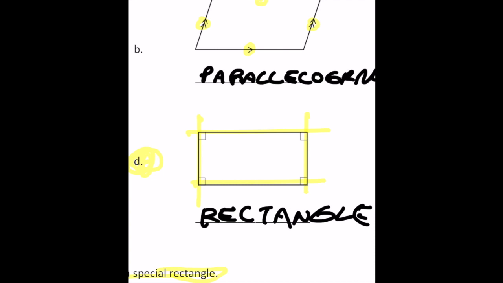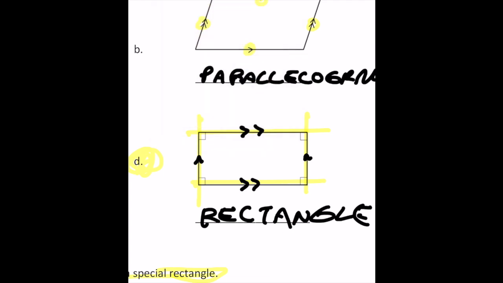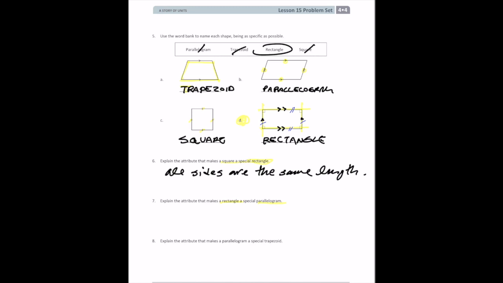We see that these two sides are parallel, and then these two sides are parallel. We also notice that they are the same length. Those two are the same length, and then these two are the same length. So because of that, it forms those four 90-degree vertex points. So that's what makes it special.